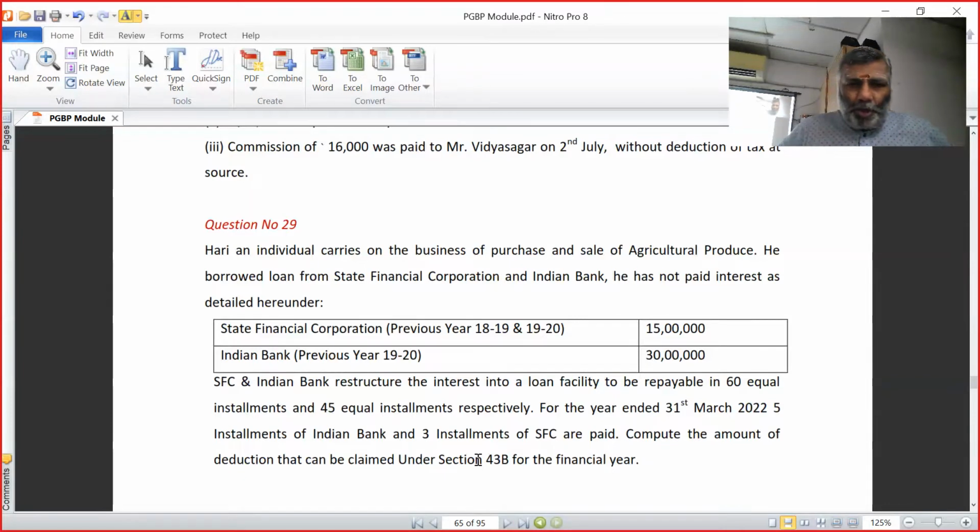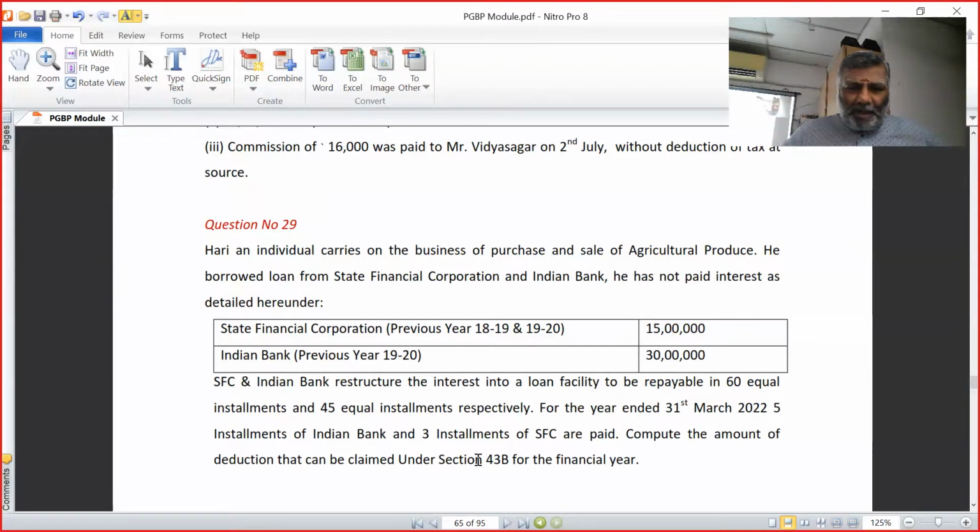Question number 29. Hari, an individual, carries on the business of purchase and sale of agricultural produce. He borrowed loans from State Financial Corporation and Indian Bank, and he has not yet paid the interest. For State Financial Corporation, previous years 1819 and 1920, 15 lakhs.